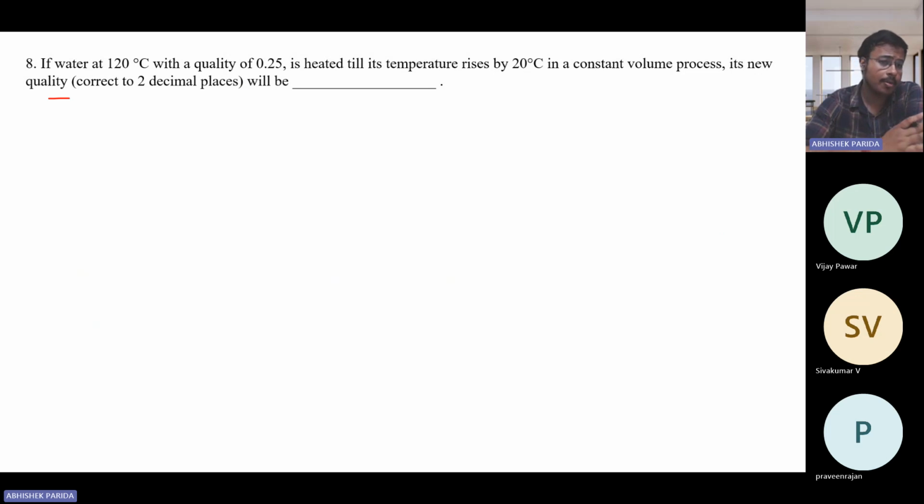Without seeing the steam table, can you tell me whether the quality will be coming more than 0.25, or less than 0.25? Without solving anything, if I ask it as a multiple choice question, if water at a certain temperature is heated at a constant volume, whether the quality will increase or decrease.